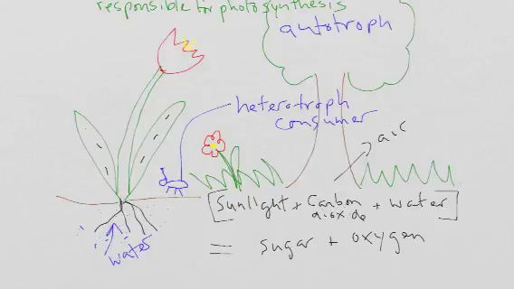Right? Now, in addition to being a consumer, if he breaks down dead things, what is he? Decomposer. He can be a decomposer. Here, we'll write producer up here. Okay? So all these vocabulary words, you need to know them.